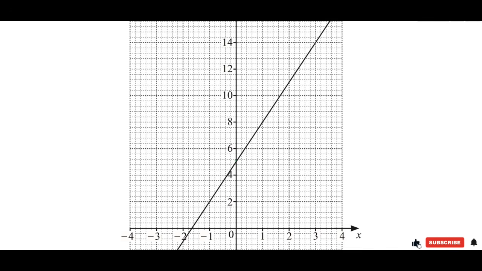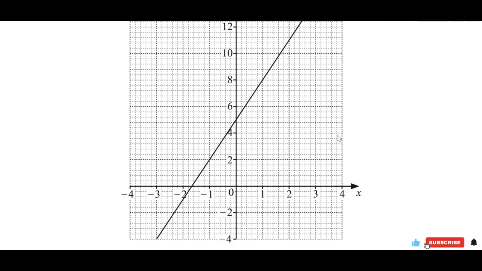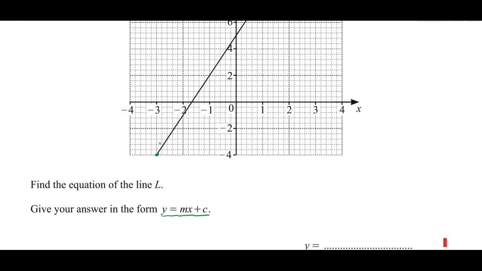So it is better to take 2 points. So one point we can say is this, and the other point we can take is this. So this point is -3, -4.